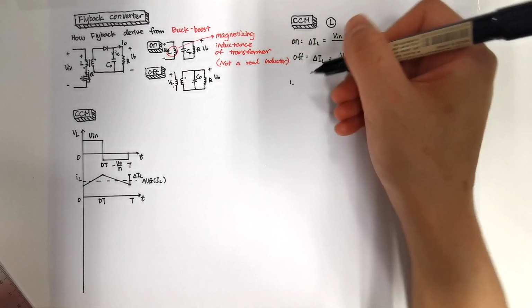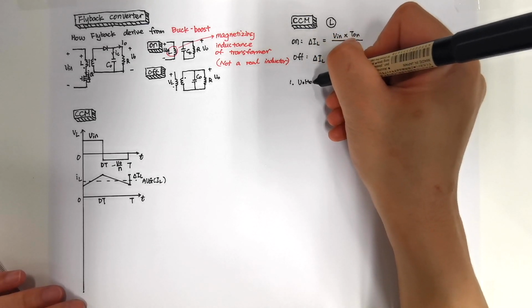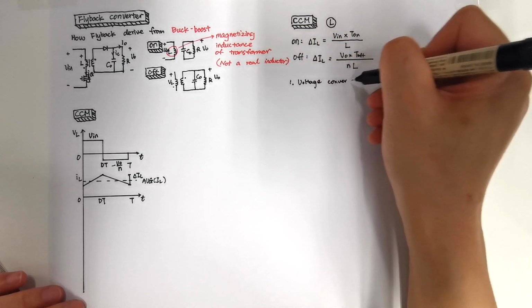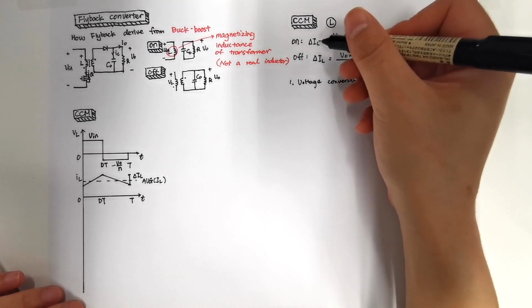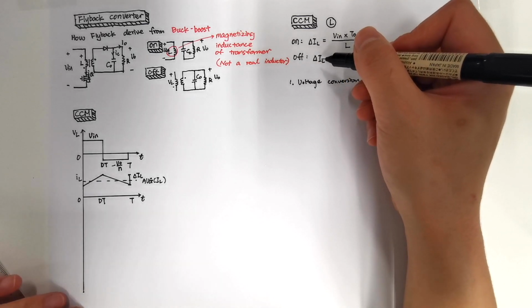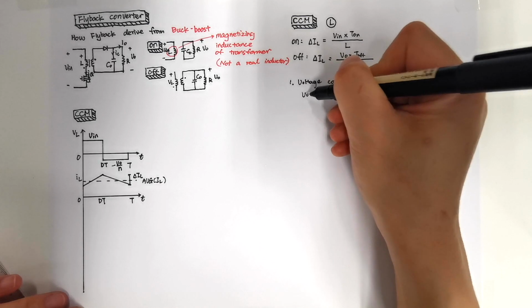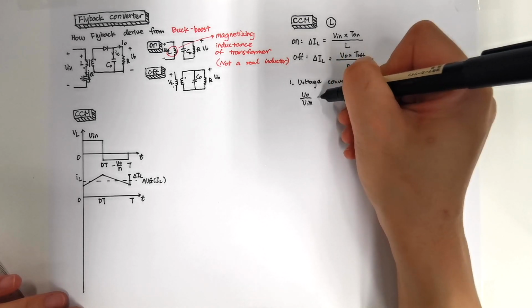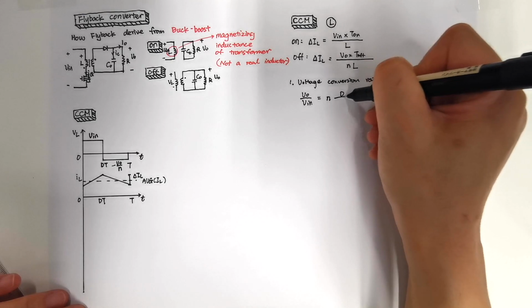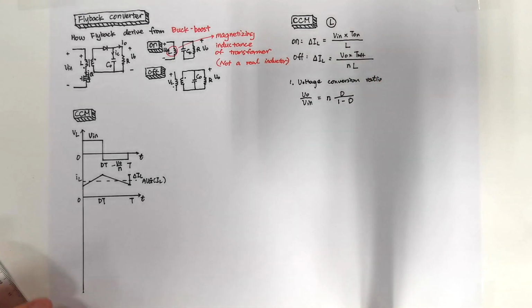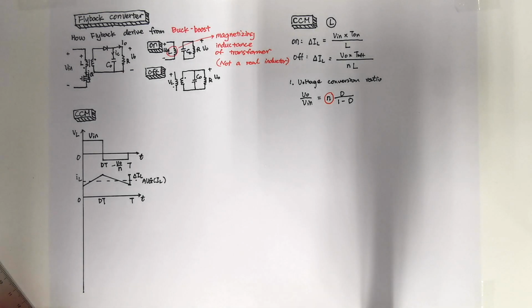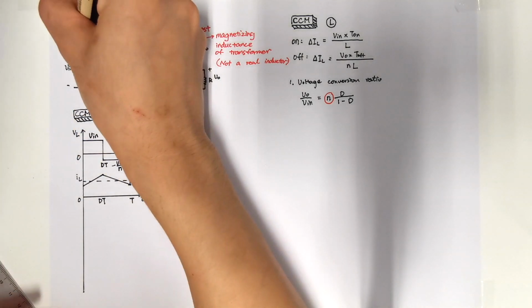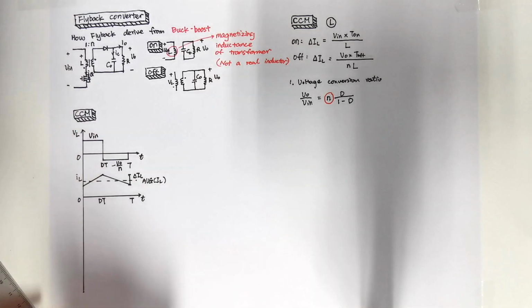First of all, we can know the voltage conversion ratio. We set on-state delta IL equal to off-state delta IL. We get Vout divided by Vin equals N times D over 1 minus D. The only thing different from the buck-boost is that we have to multiply by the winding turns ratio here. The winding turns ratio is 1 to N here.